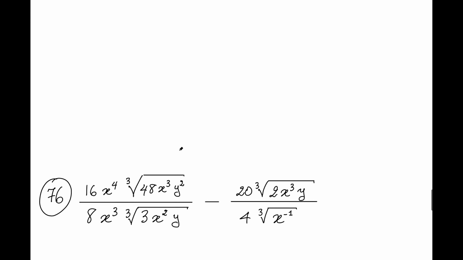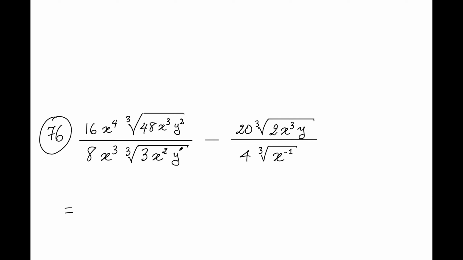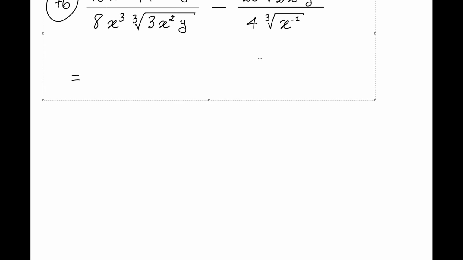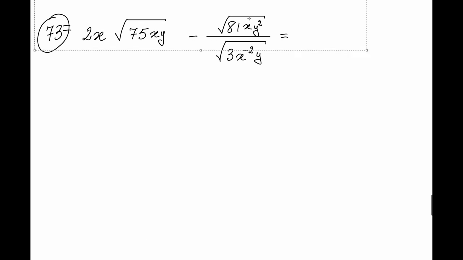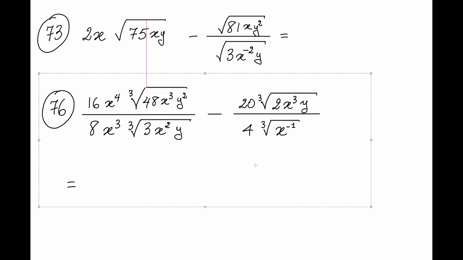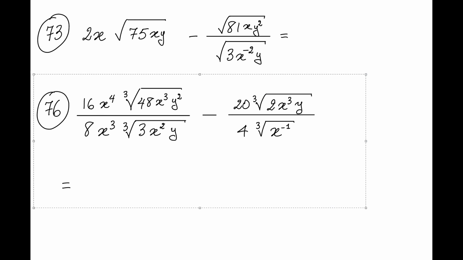I'm gonna do 76. Let me copy this. Put it here. So please complete 73 on your own, and let's do 76 together. Apparently 76 is more complicated than 73, so please complete this 73 on your own.